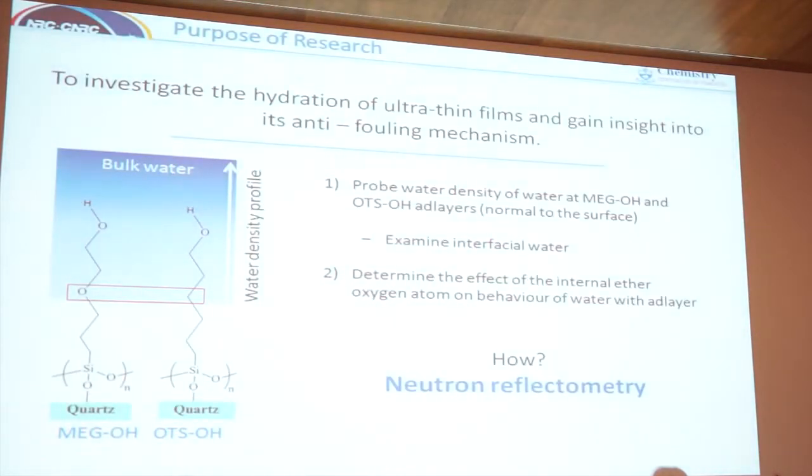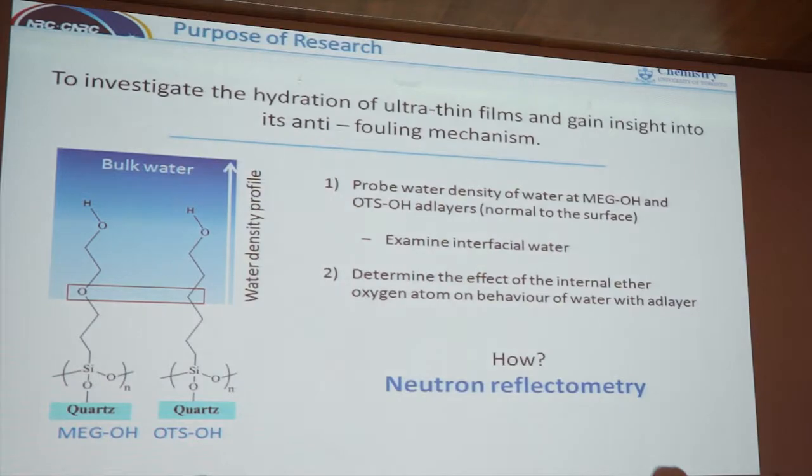There's a huge reduction in aggregate formation on these surfaces. And actually that is far, far superior to other types of coating system which have been used over many years in the literature. So one of the things that we wanted to do was to study that, which is very relevant to this particular audience and this conference, and I'd very much appreciate comments upon the nature of what water is doing here.